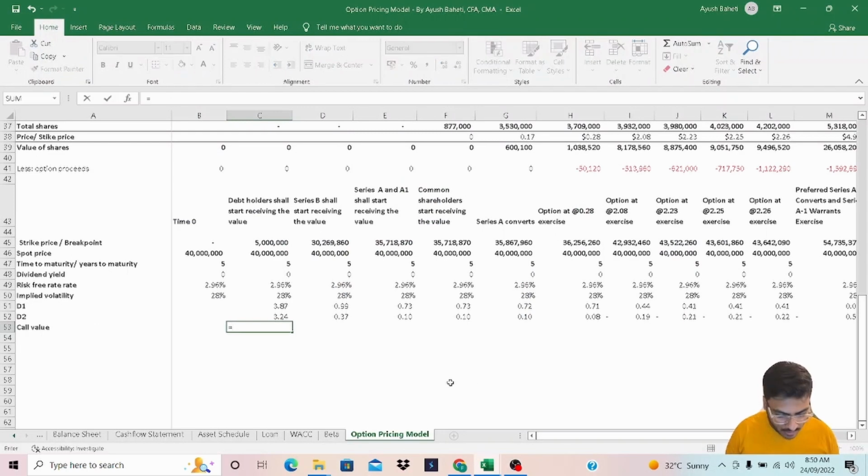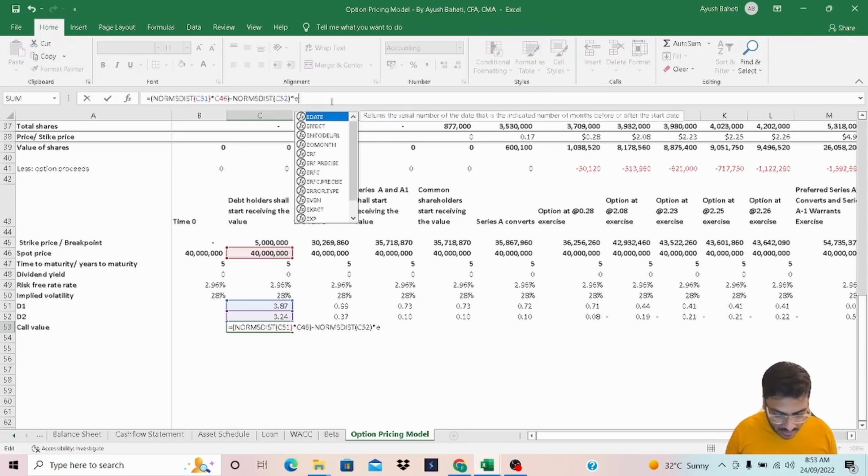So your call value is equal to the normal distribution of D1, which is this value, multiplied by the spot price, which is this value. This is part 1. The other part is minus the normal distribution of D2, which is this value, then multiplied by e raised to the power minus r, which is the risk-free rate, multiplied by t, which is time.